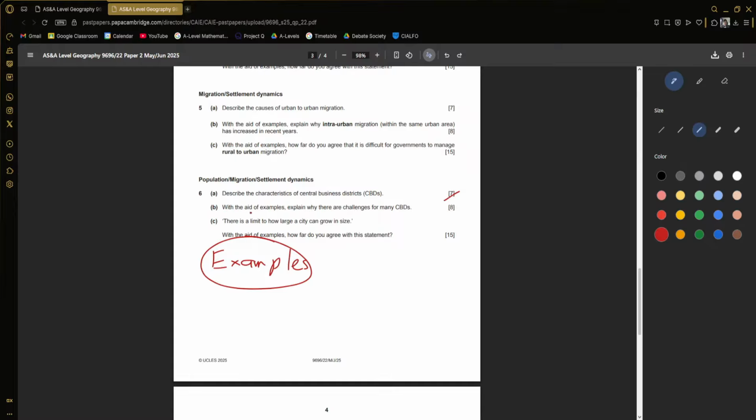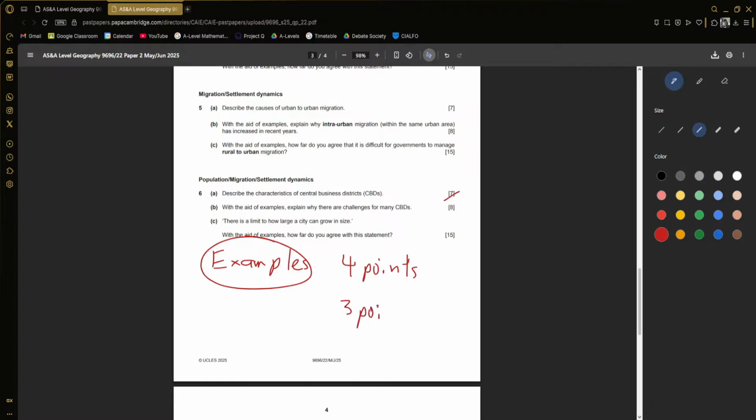For 6B, with the aid of examples, explain why there are challenges for many CBDs. So you have to use examples, right? You cannot get away with not using examples, because the mark scheme explicitly wants you to use examples to develop your points. So there are a lot of issues with CBDs, right? Because this is 8 marks, you can pick out 4 points or 3 points.